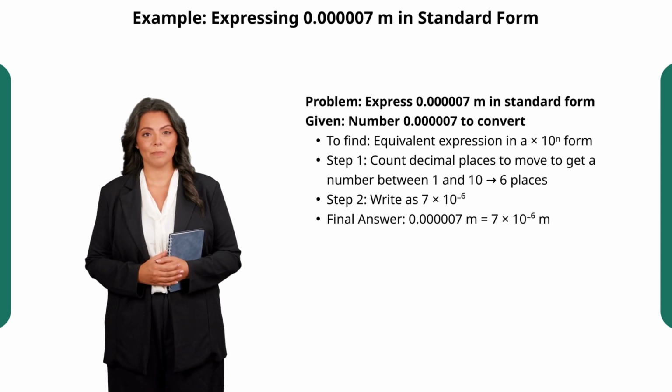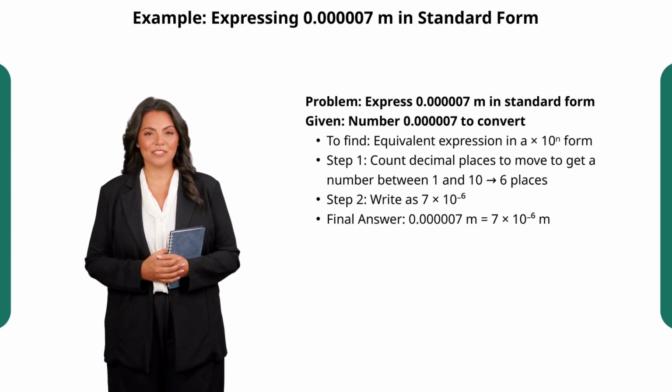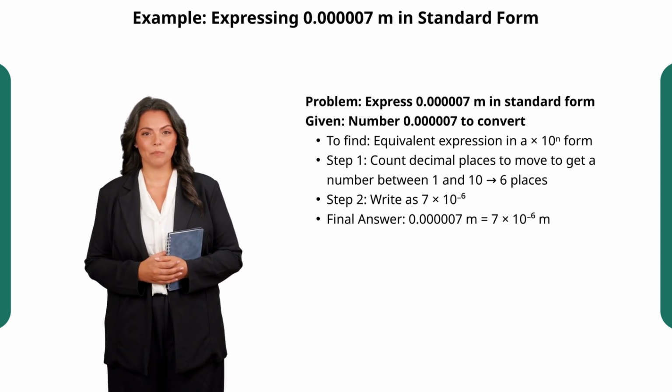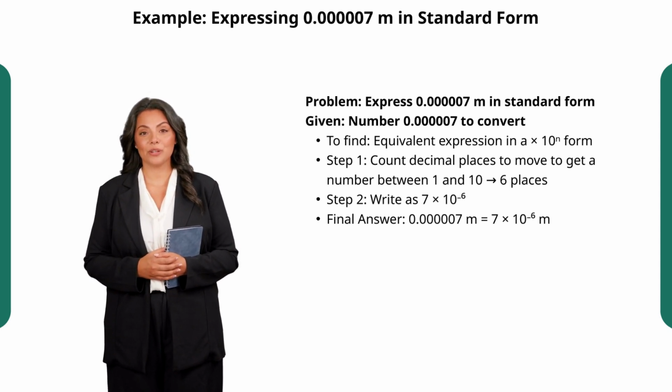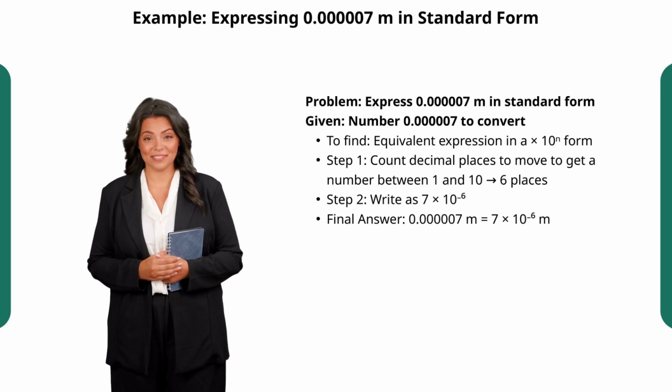Let's walk through an example converting a small number into standard form. Our problem is to express 0.000007 meters in a simpler and clearer exponent form. Step 1. We look at the number 0.000007 and figure out how many decimal places we move the decimal point to the right to get a number between 1 and 10.